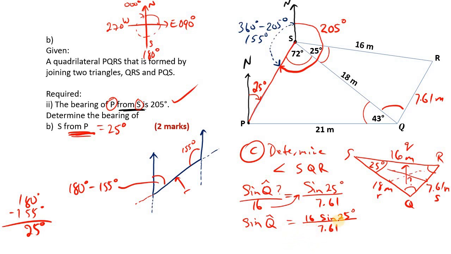All right, so the next thing is to put this in your calculator. Put 16 times sine 25, or you can just simply put 16 sine 25, close bracket, and you're going to get 6.76.